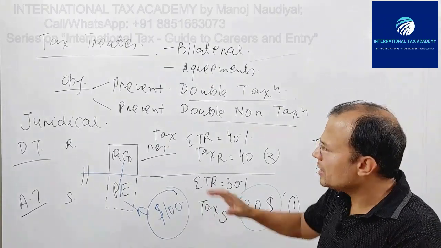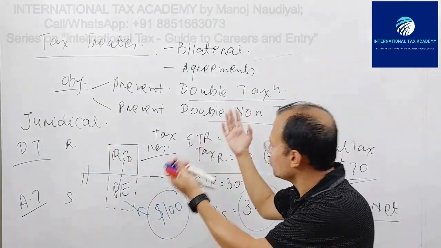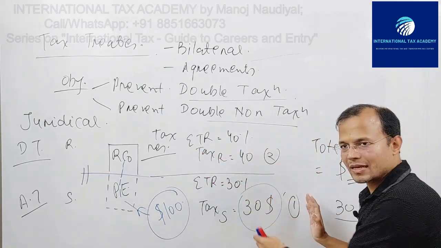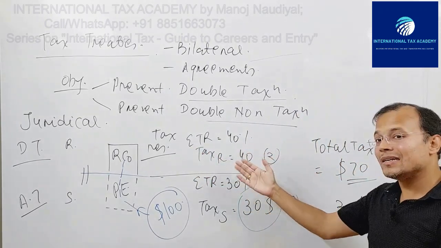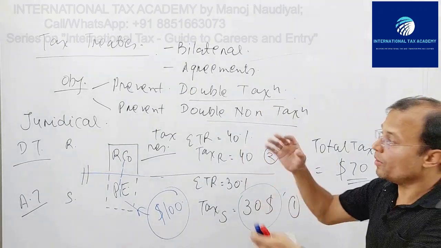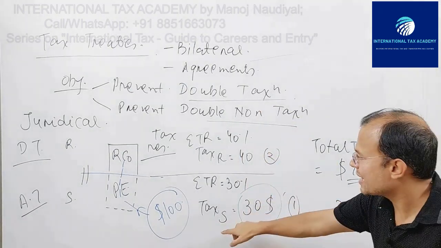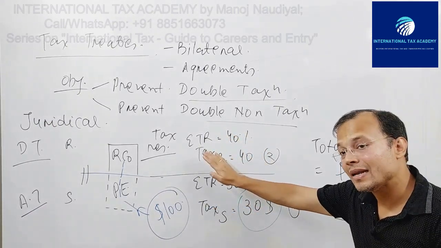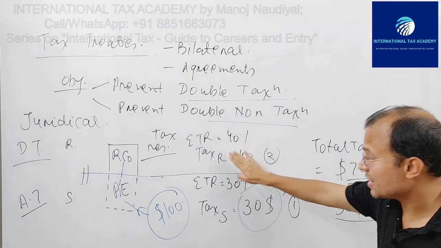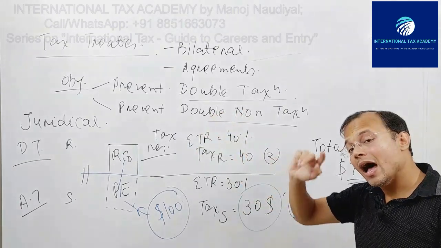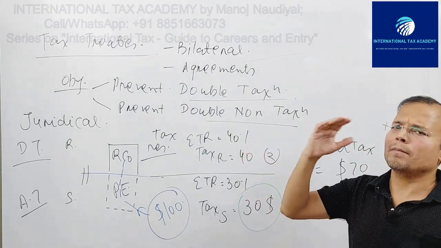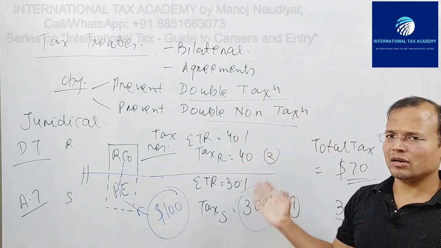Another option can be that R also taxes this income like in this case, but then R provides a double taxation relief. So for example, S taxes, $30 is paid in S, R taxes, $40 is collected by R, and then R provides a double taxation relief. There are many ways by which double taxation relief can be provided.